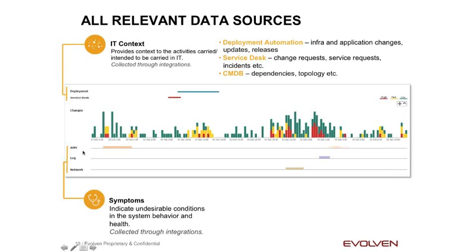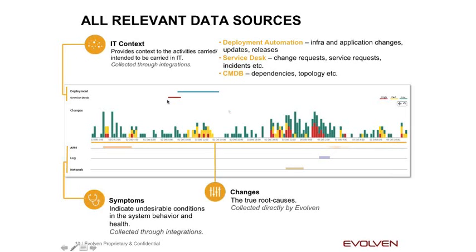So you can see down here some examples for performance management tools or log analysis tools or networking tools. These are all providing events that could be used to investigate what changes may have been causing that particular event. And then, as I said, in the middle here, these reds, yellows, and green bars are changes. These are the true root causes, and these are the things that are collected by Evolvin.